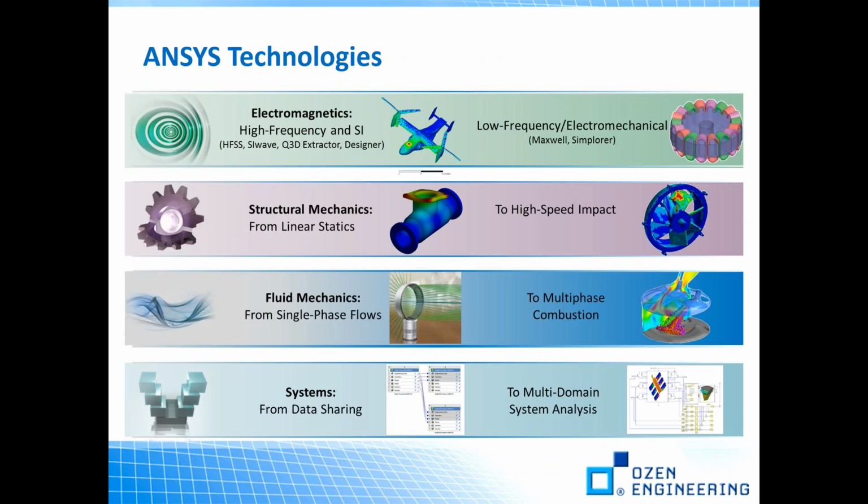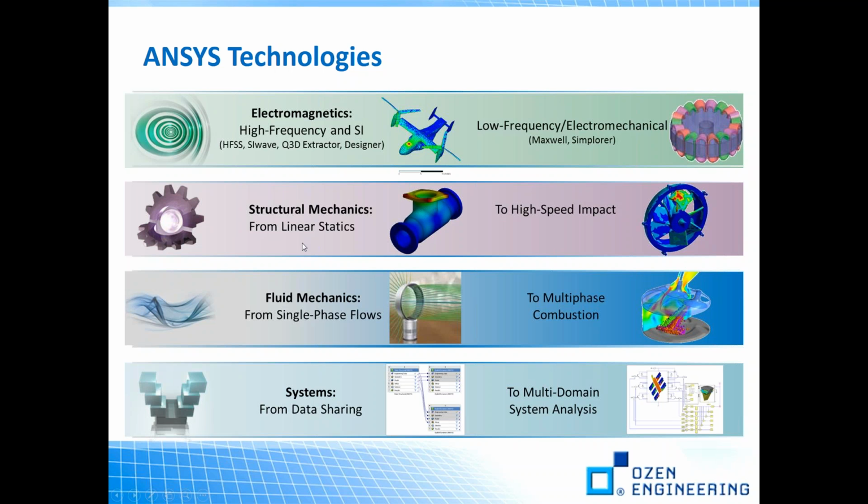Here you can see the ANSYS technology. ANSYS covers electromagnetic products in high frequency: HFSS, SIwave, Q3D, and circuit design or Designer; and in low frequency for electromechanical applications, software like Maxwell and Simplorer.